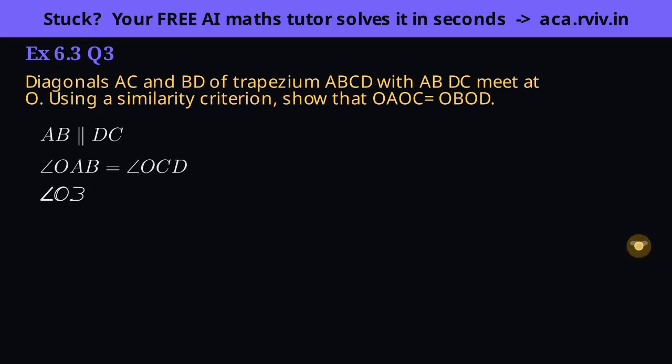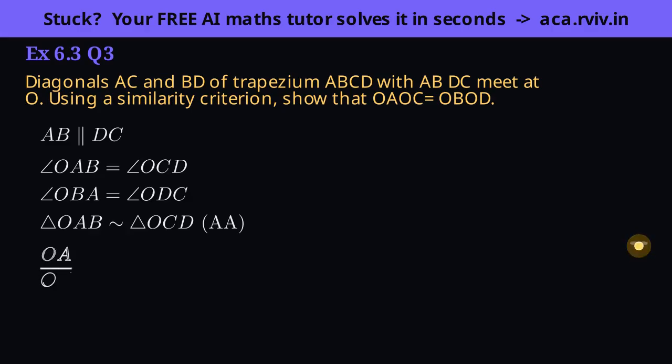Another pair of alternate angles gives angle OBA equal to angle ODC. Two equal angles mean triangles OAB and OCD are similar by AA. Corresponding sides of similar triangles are proportional, which is exactly the required ratio.